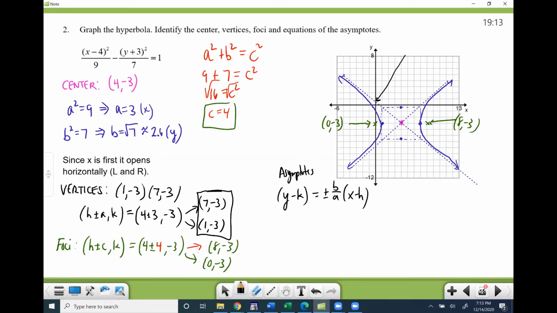Like if you said, hey, what's the y-intercept? You'd be like, 0.5, 0.6. I have no idea where that crosses, right? And so you're kind of forced to use the formula, okay?